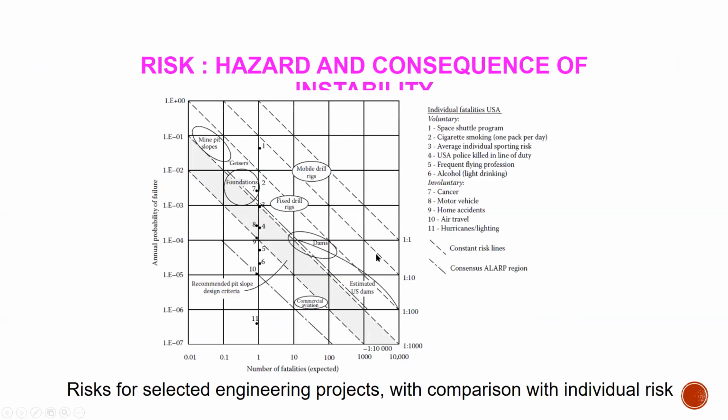So here some figure has been adopted from a study from the USA, individual fatalities against a project, different perspectives. It is observed that the annual probability of failure for a sensitive case cannot go beyond 1 into 10 to the power minus 4. Cannot go beyond that.